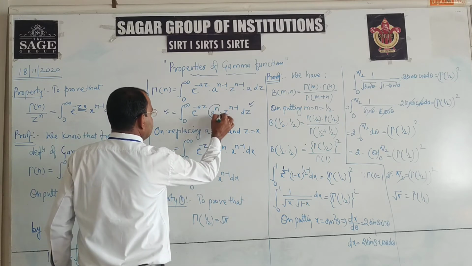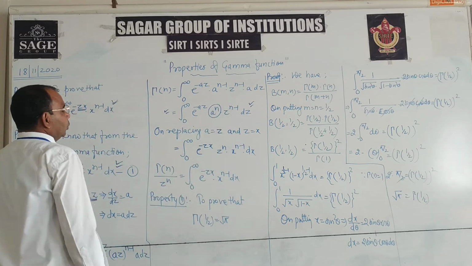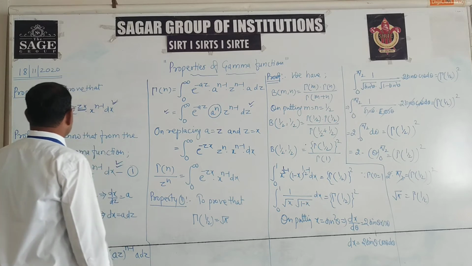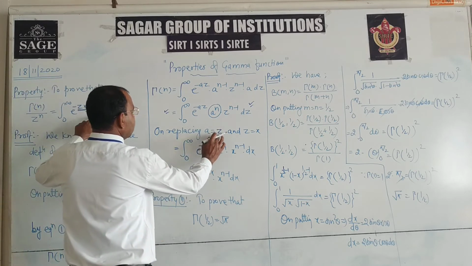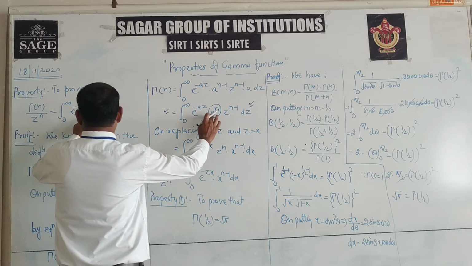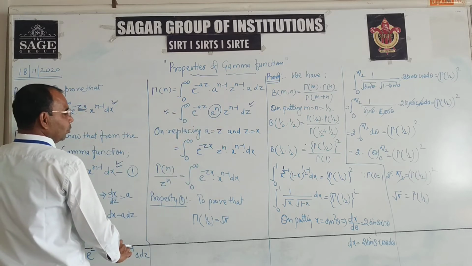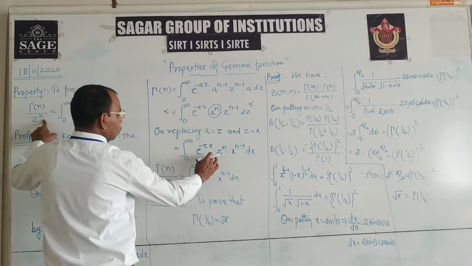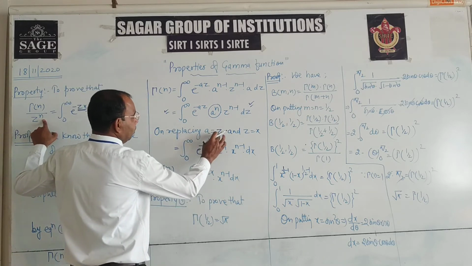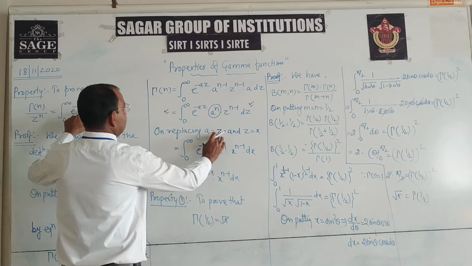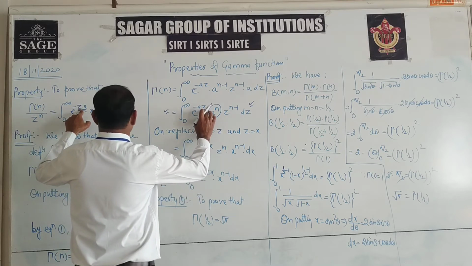So now a is replaced by z, therefore z to the power n in the proof, and z is replaced by x.